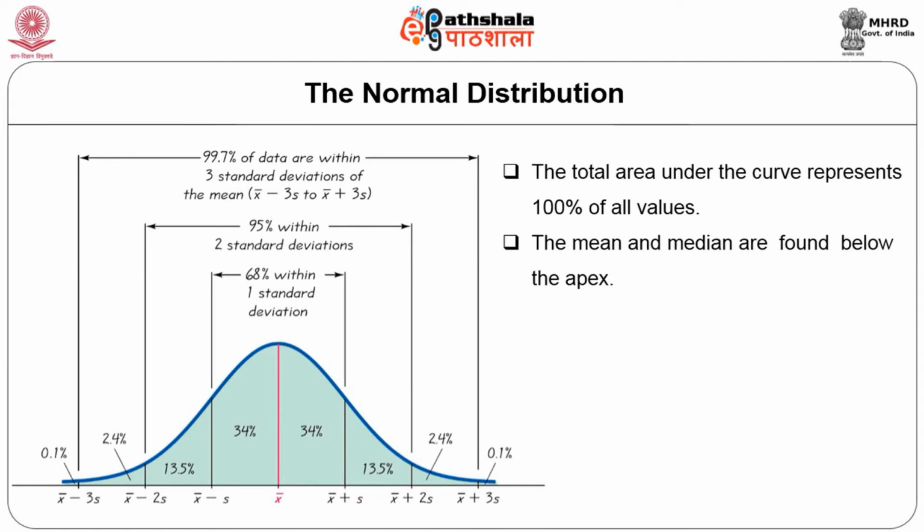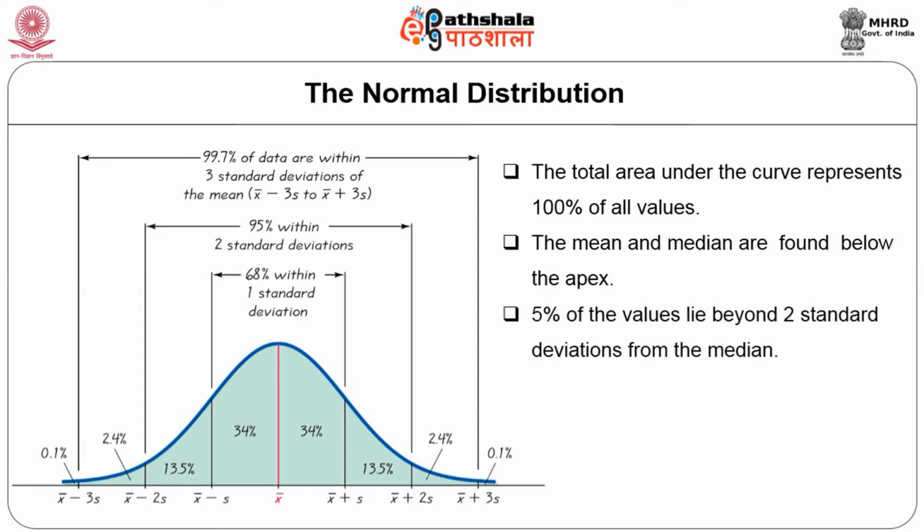The mean, median and also mode are found below the apex, and 5% of the values lie beyond 2 standard deviations from the mean, and 99.7% of the data will lie between mean plus or minus 3 SD. So, if the data which you generated has these characteristics, then we say that it is a normal distribution. If you put it in a graph, it will look exactly like a bell shaped curve.